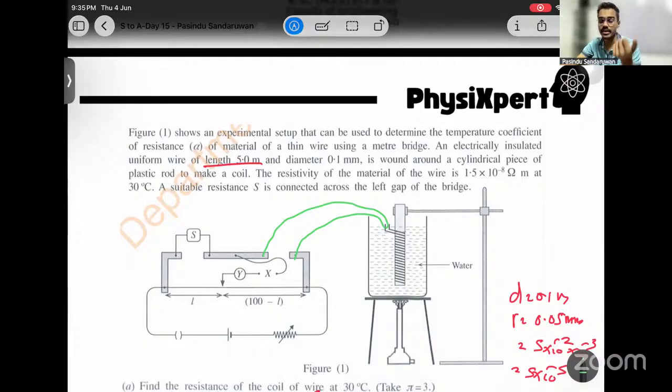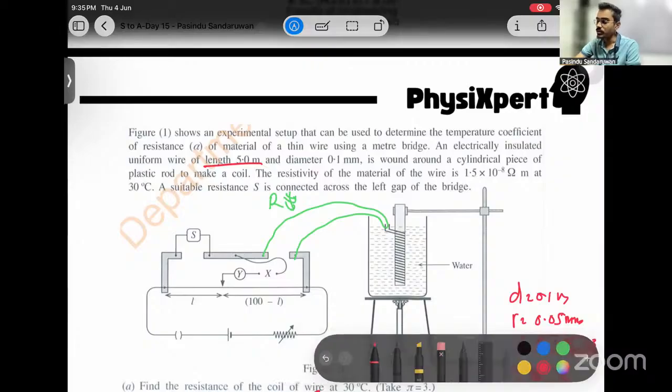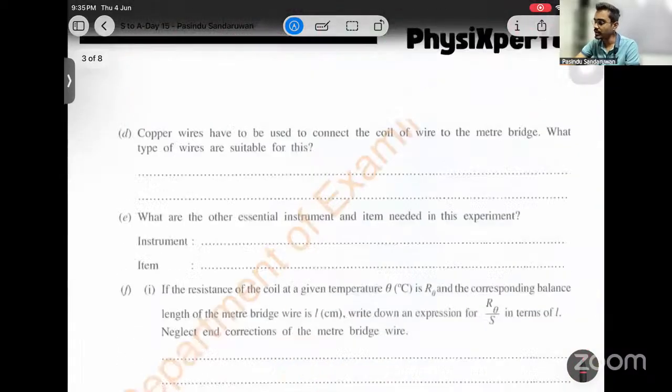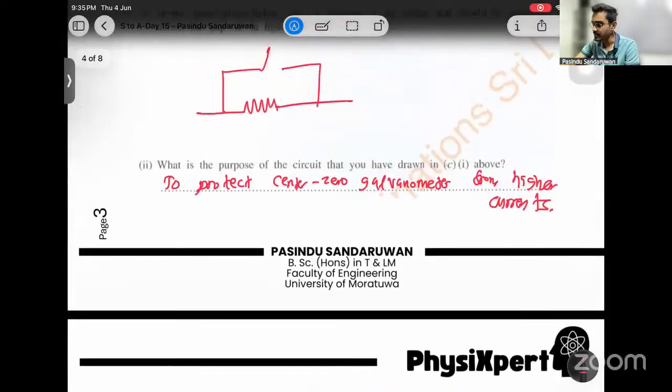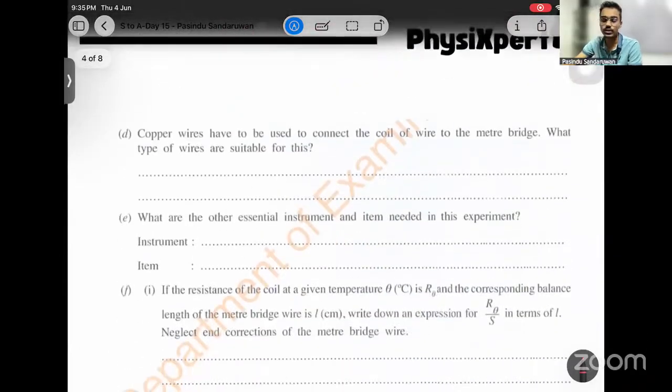If the resistance of these connecting wires is comparatively higher than the wire we are measuring, then a different resistance gets measured. Then these connecting wires should be very low in resistance. To minimize resistance, we know what to do: always use short thick wires.